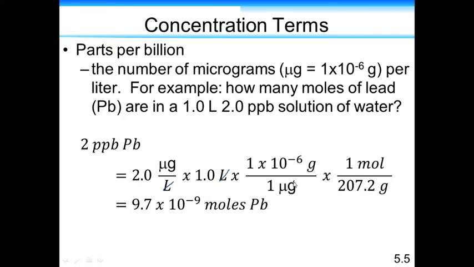We need to convert micrograms to grams in order to use our molar mass to get moles. Here we have the molar mass of lead. And our units cancel nicely to give us moles. So 2 parts per billion is a very small number of moles of lead.